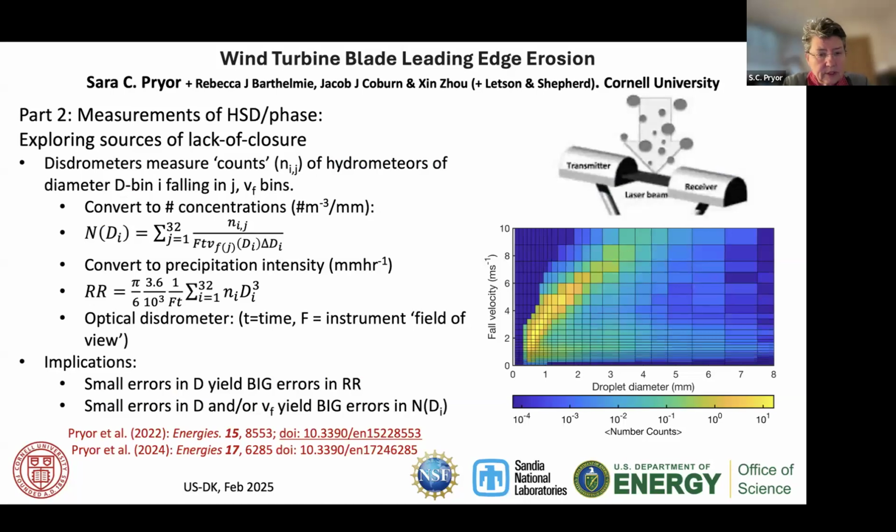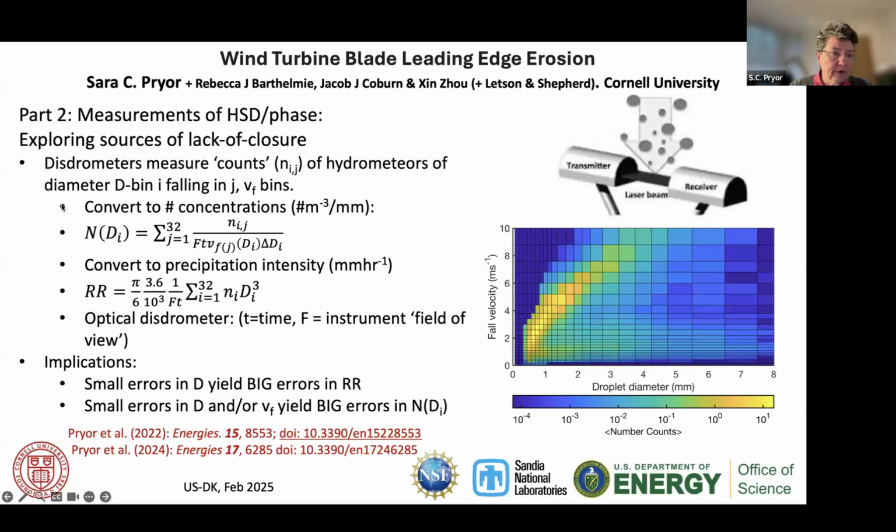So what we've been doing as part of the IEA task is to explore this lack of closure between disdrometers of different types. Just as a reminder, if we think about the optical disdrometer, what we get is a number in a size and fall velocity class.